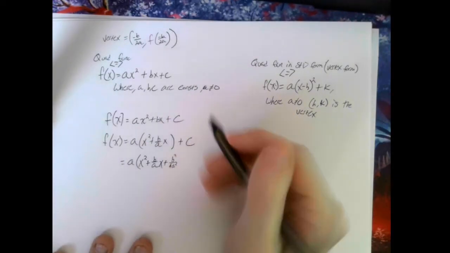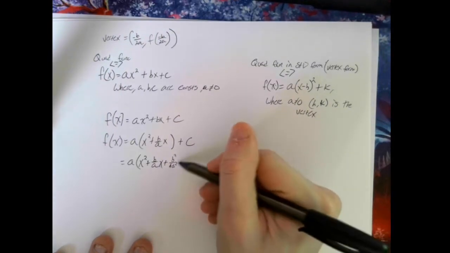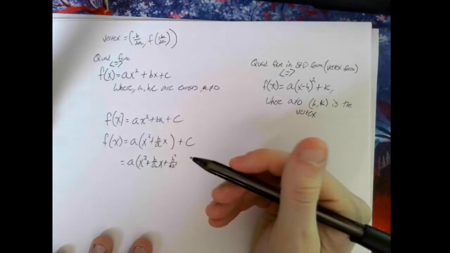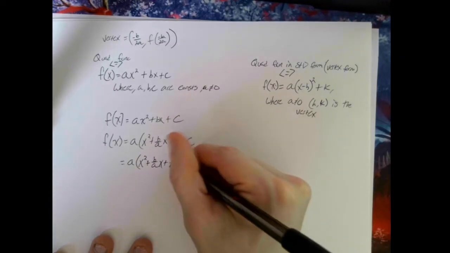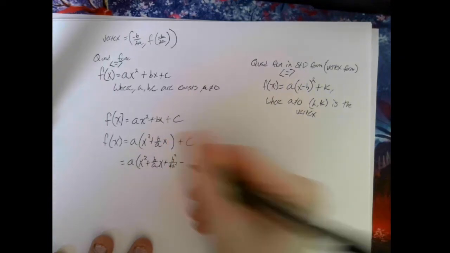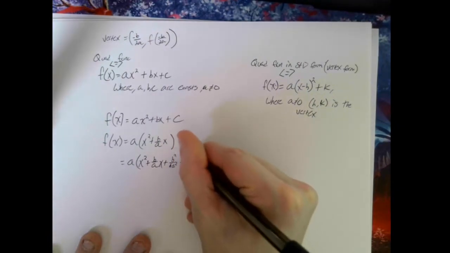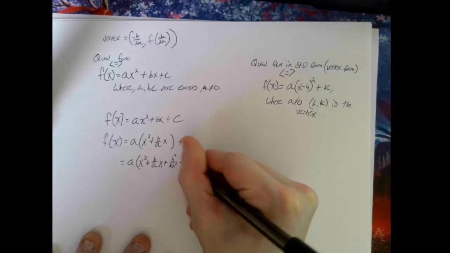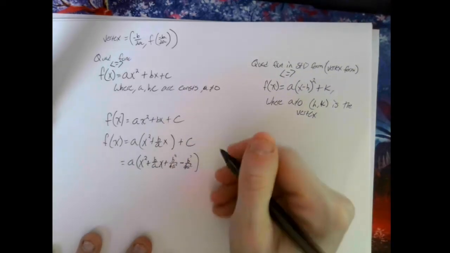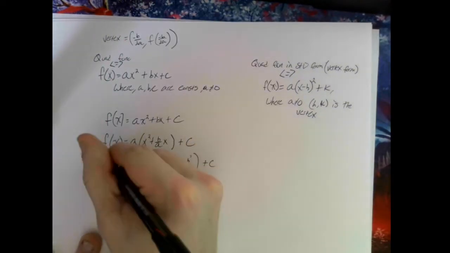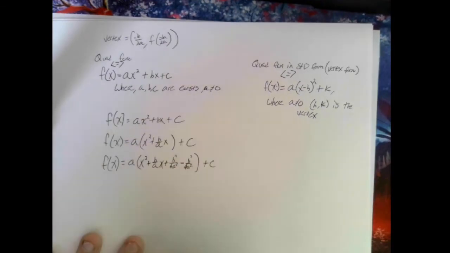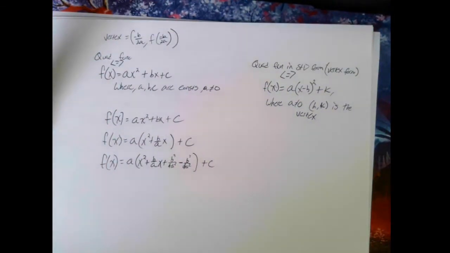But in order for this to work, we have to use our additive identity, which is 0, and we don't want to change anything. So we're also going to subtract b squared over 4a squared as well. This isn't changing the function at all. It's still the same because we're adding and subtracting the same value, so it's essentially 0.